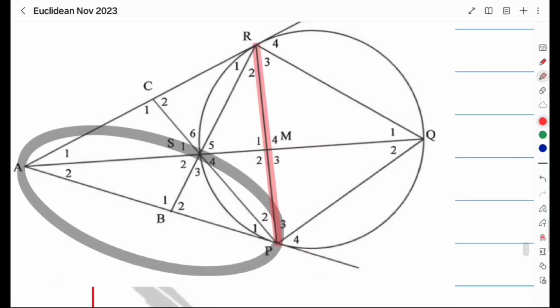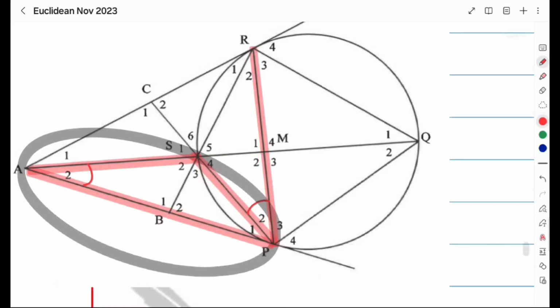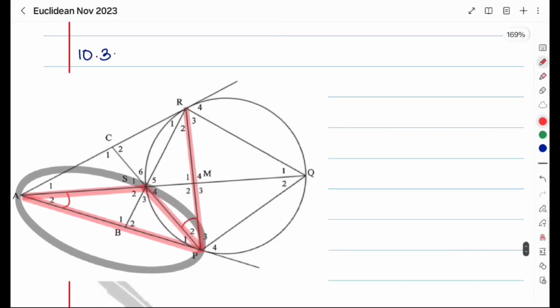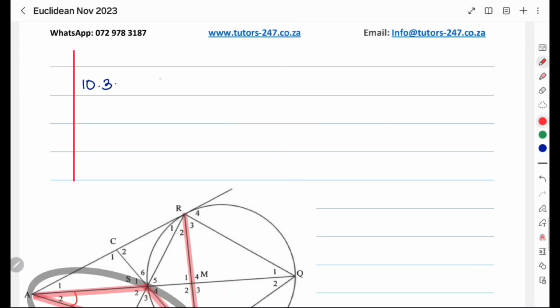So if PR is a tangent and PS is a chord, the angle between the tangent and the chord would then be this angle P2. The angle in the alternate segment would be A2.